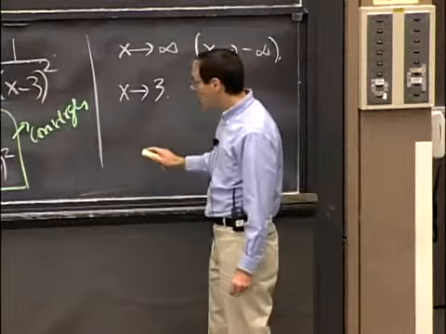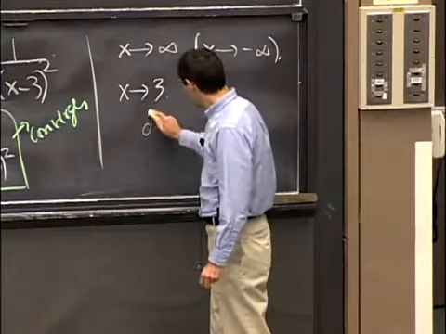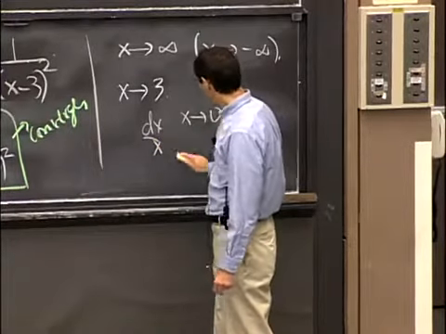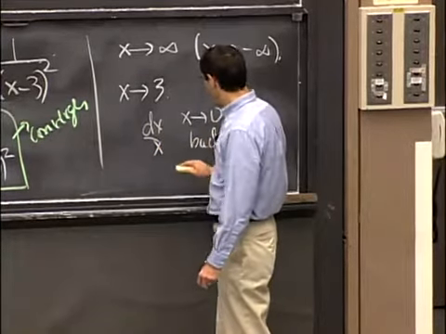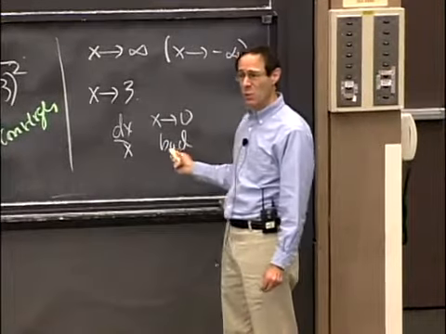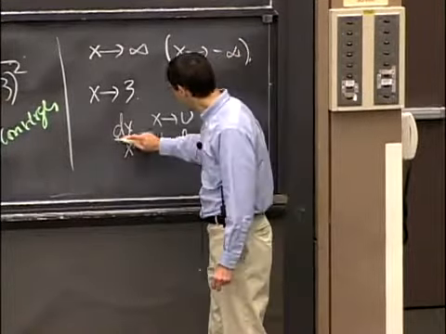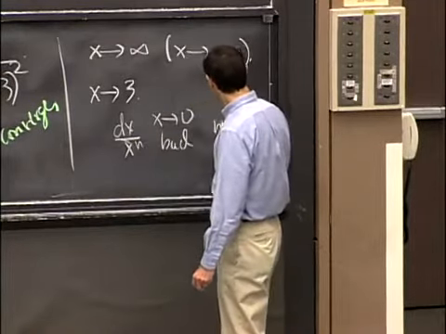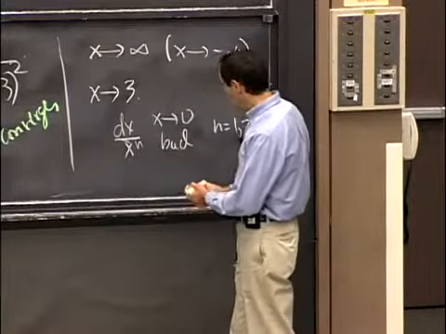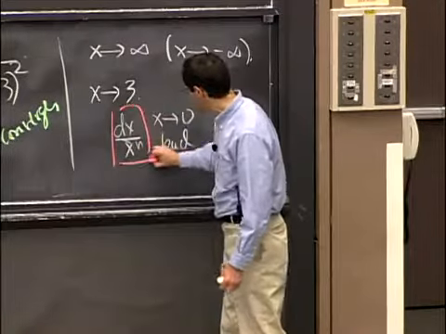When it's a negative power, remember, dx over x as x goes to 0 is bad. And dx over x squared is bad, dx over x cubed is bad. All of them are even worse. So anything of this form is bad, n equals 1, 2, 3. These are the red box kinds. All right?